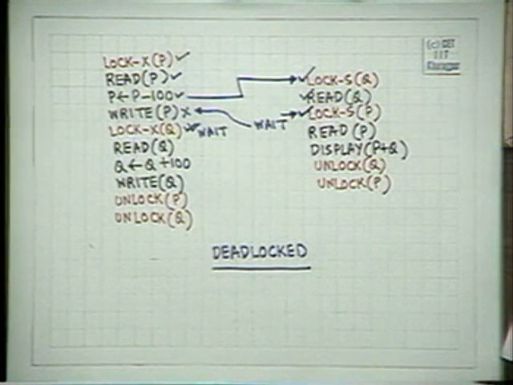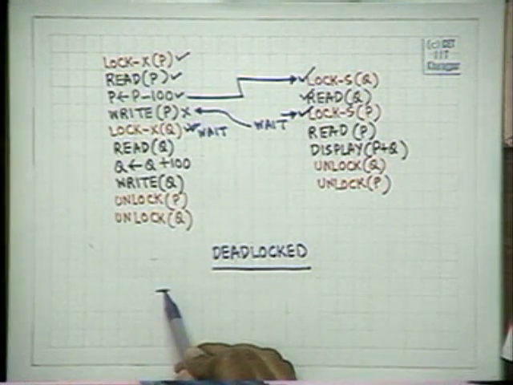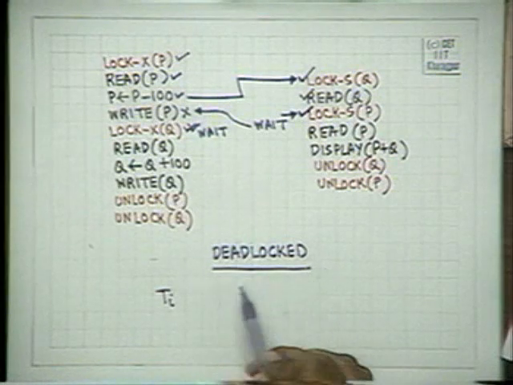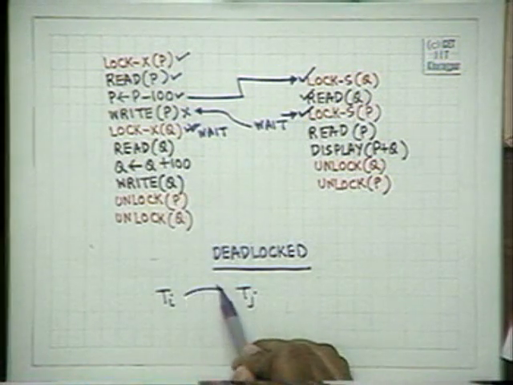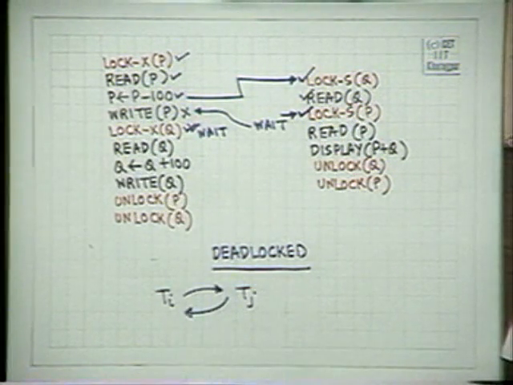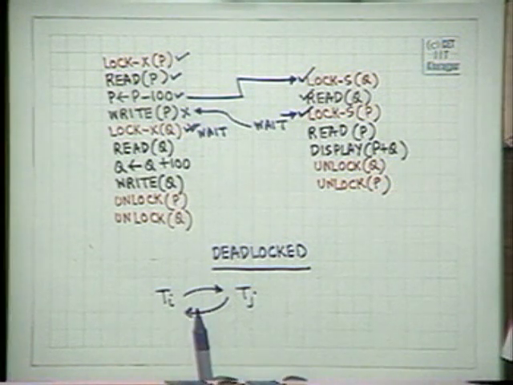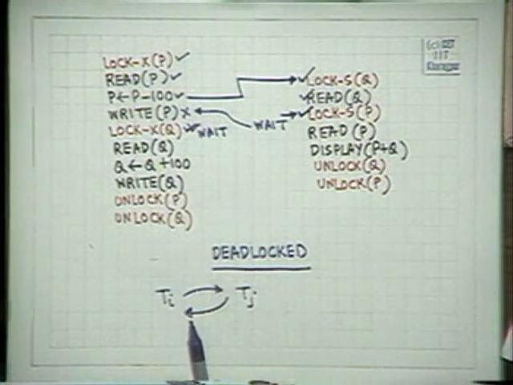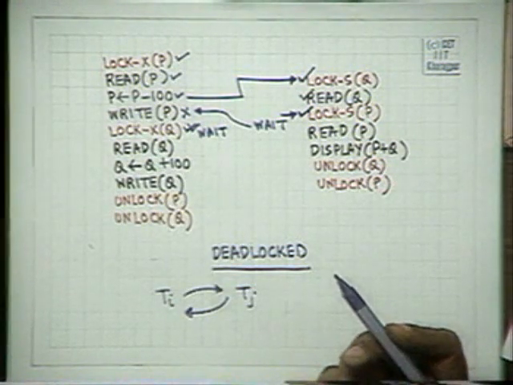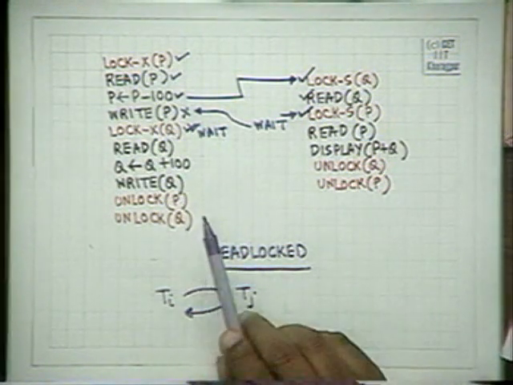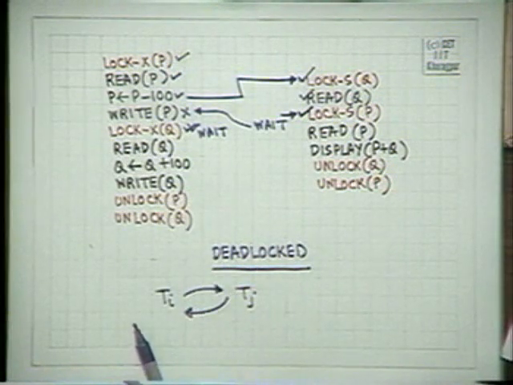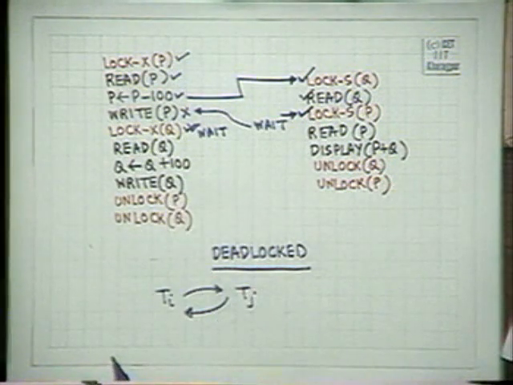In the sense that a transaction Ti is waiting for a transaction Tj to release a lock, and Tj is waiting for Ti to release a lock, and therefore the system will go into some deadlock state or suspend state or whatever. But if the schedule does go through, then the schedule will be conflict serializable.